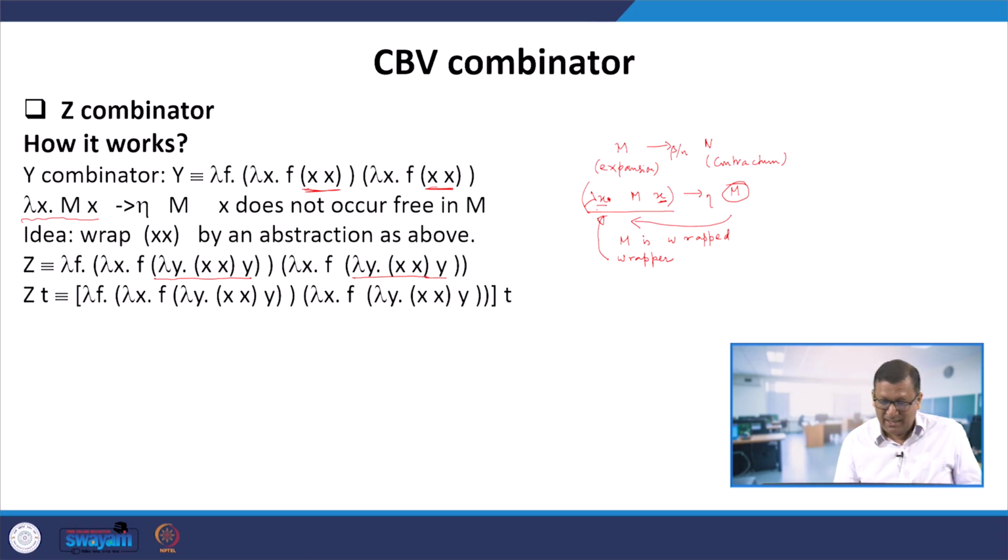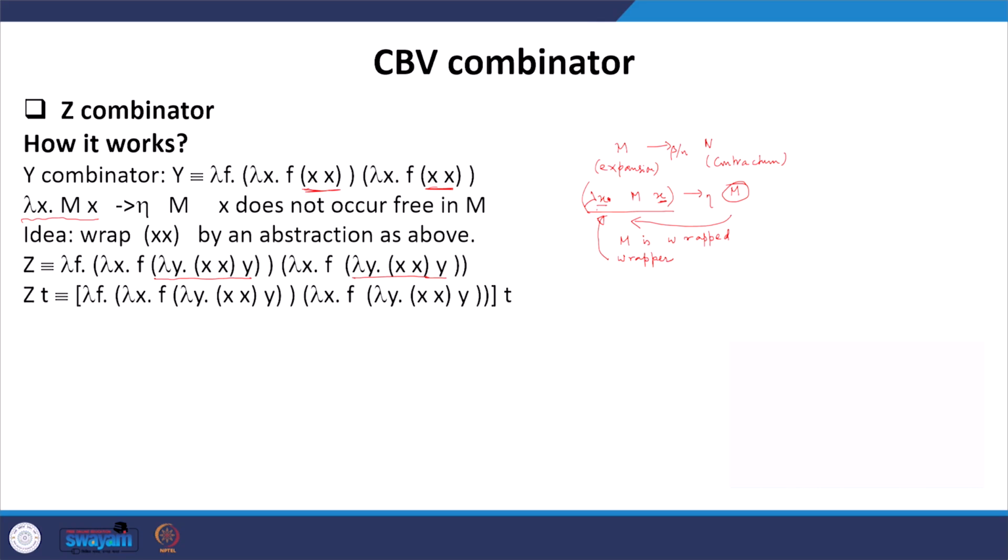So now we will see how this will work. So Zt now will be as before, it will be this one. Now if I do a beta reduction on Zt, it will be λx of this. So this part we can write as λy again this. Now if we do beta reduction again as before, this x goes away, f comes here and we have λy.